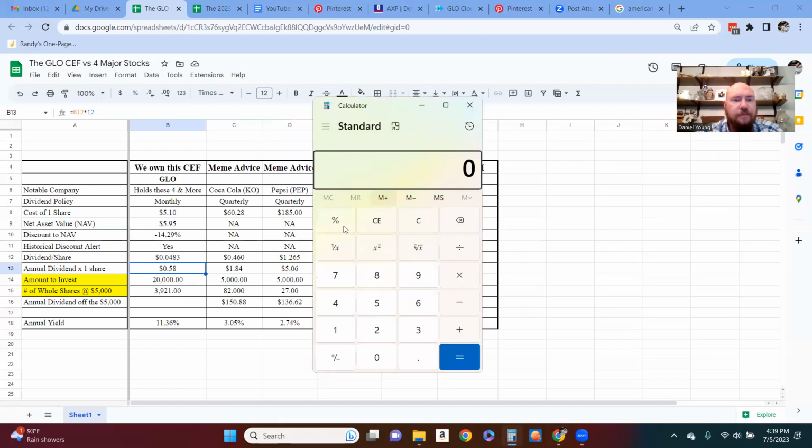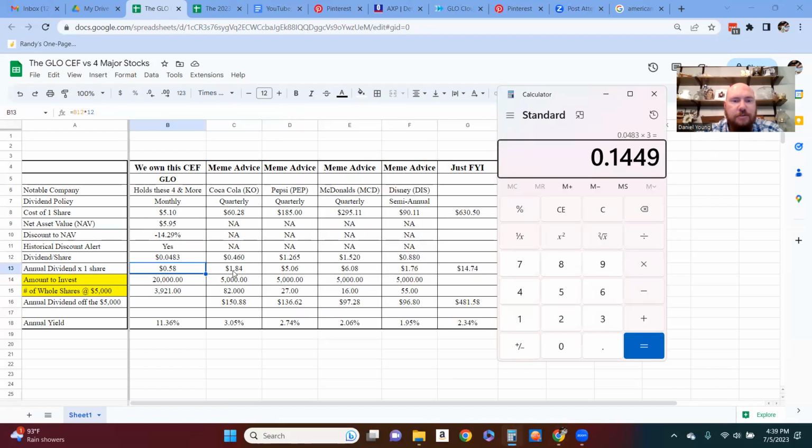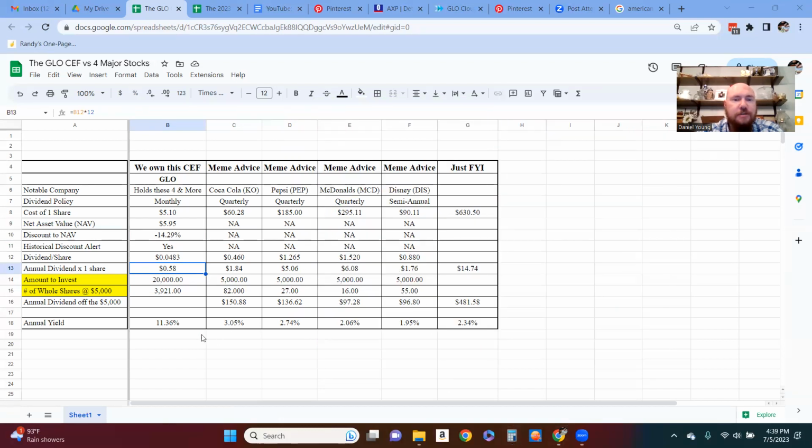They're always my guinea pig. 0.0483 times 3 is actually that per quarter, right? So it still doesn't look like much. But since the share price is so low, we're able to buy a lot of it. And then we get these funds inside of their portfolio, plus we get 150 other funds. It's very much a portfolio in a can. It's crazy.